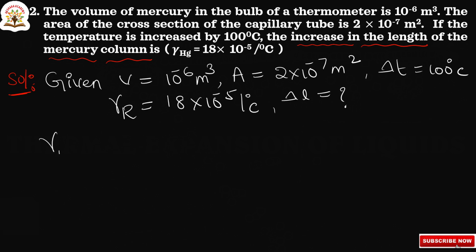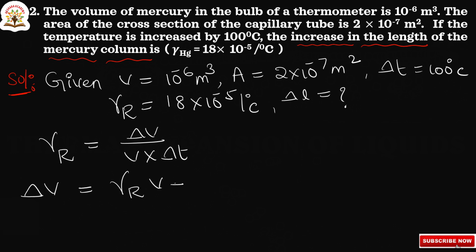So gamma R is equal to change in volume by original volume into delta T. From this we write delta V is equal to gamma R V into delta T. Delta V can be written as A into delta L. So here the change in volume can be written as area into change in length.